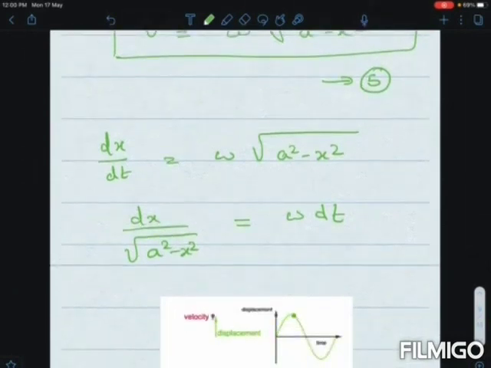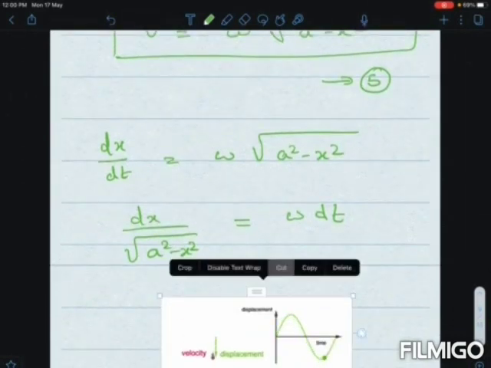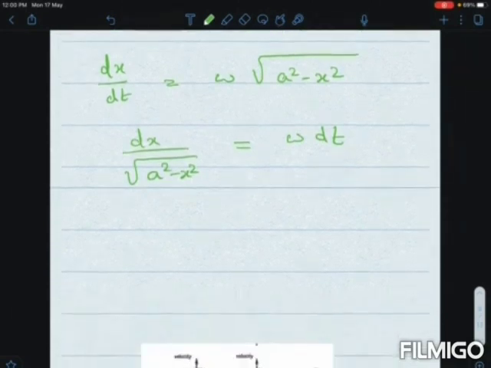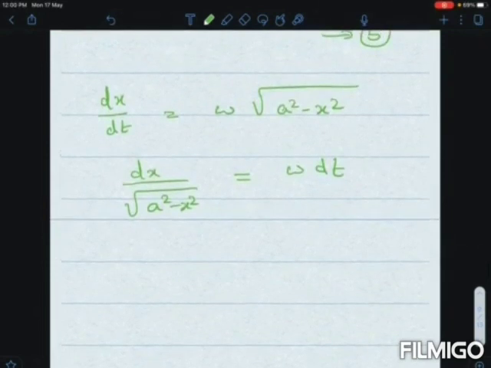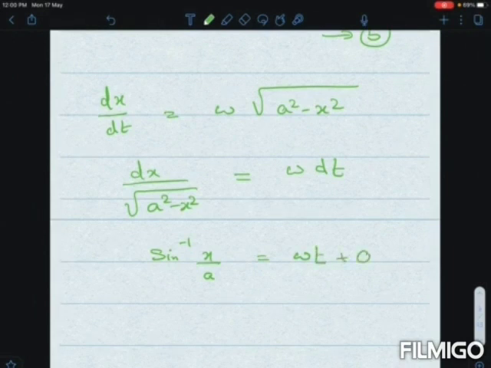Now next we have to integrate it. So when you integrate it, you know dx by root of a square minus x square is nothing but sine inverse x by a is equal to omega into dt. When you integrate you will get it as omega t plus some constant, say phi.